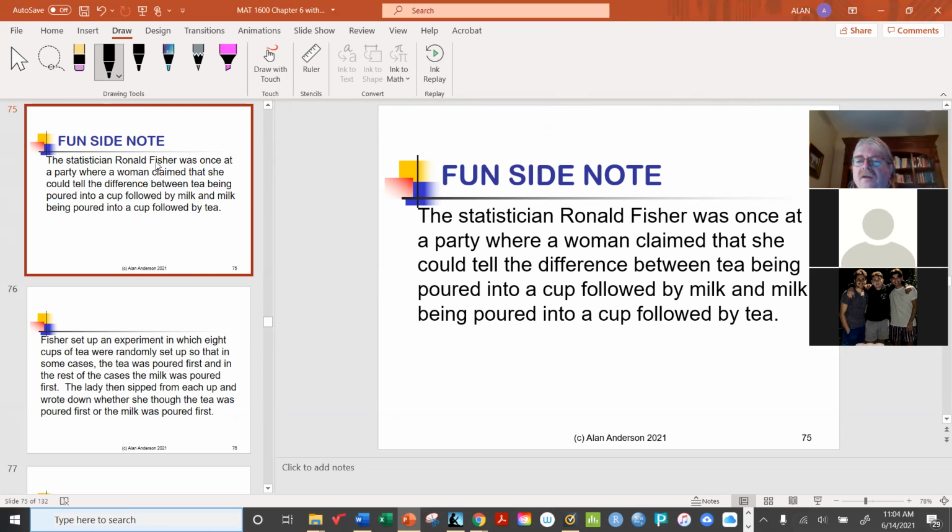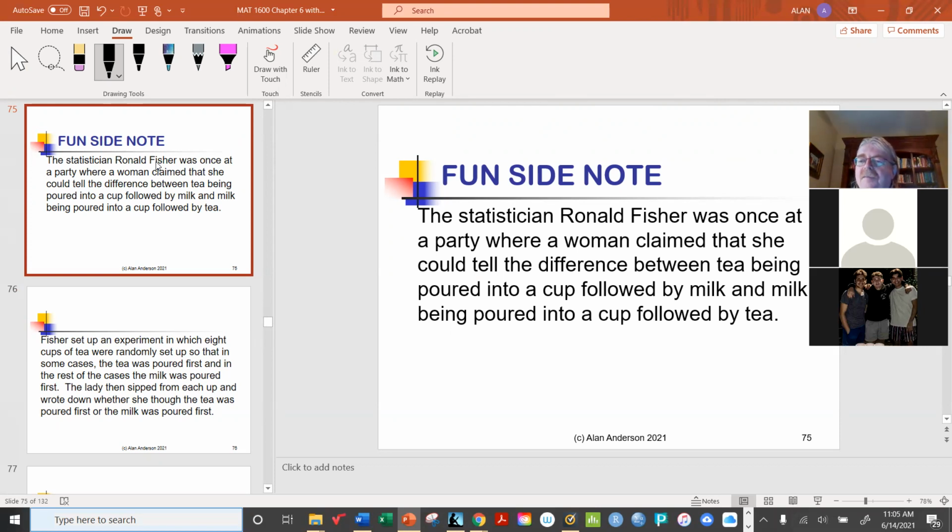The waiter had poured into her cup. I think there was milk in her cup and he poured the tea on top of it. And she said, no, don't do that, please. I like it better when the tea is poured first and then the milk. And then the waiter basically said, well, how can you tell the difference? And she apparently said, I can tell the difference.